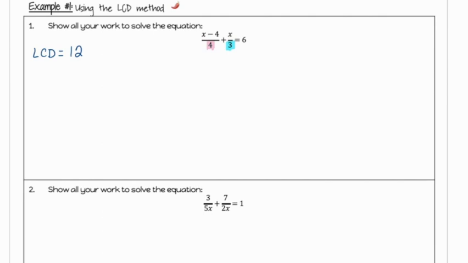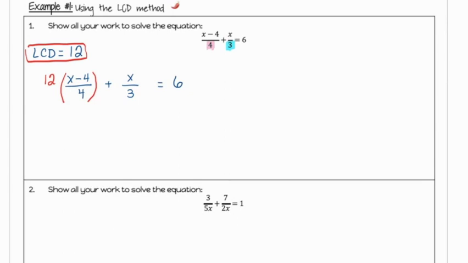So here is my work. I'm going to start off by writing down everything. Okay, so I rewrote the same exact equation, but now I'm going to do the process. The process tells me that in order to eliminate the denominators, I'm going to take this LCD that I know is 12, and multiply the first fraction by 12.